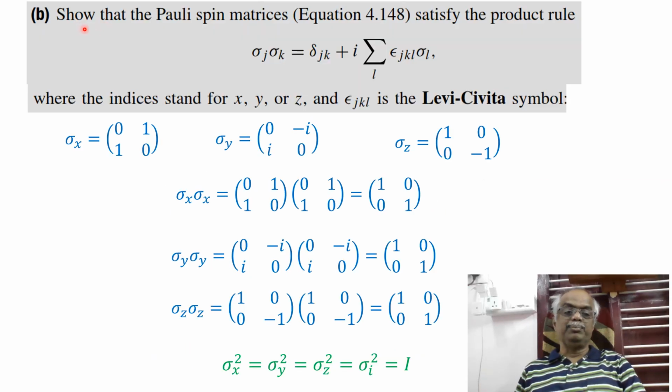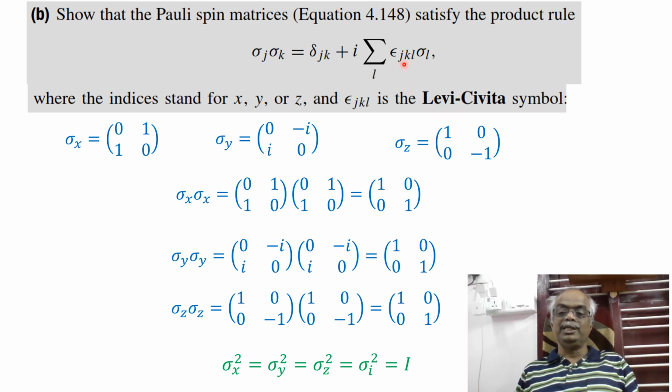The next part is to show that the Pauli spin matrices satisfy the product rule: sigma j times sigma k is equal to delta jk plus i times the summation over l of epsilon jkl sigma l, where the indices stand for x, y, or z, and epsilon jkl is the well-known Levi-Civita symbol.